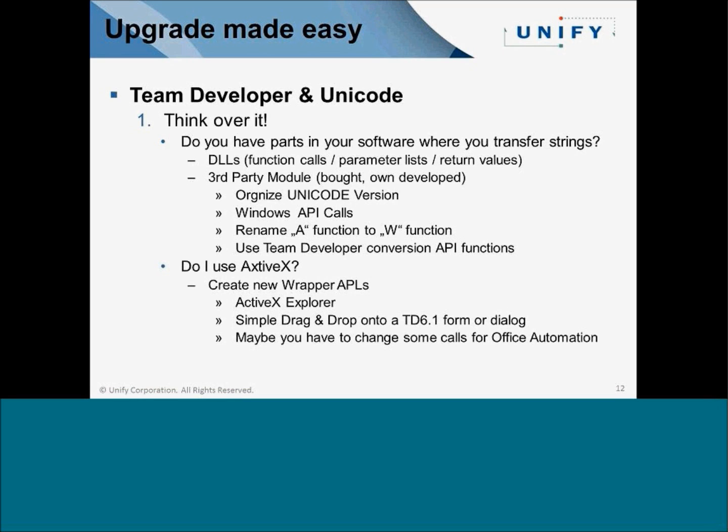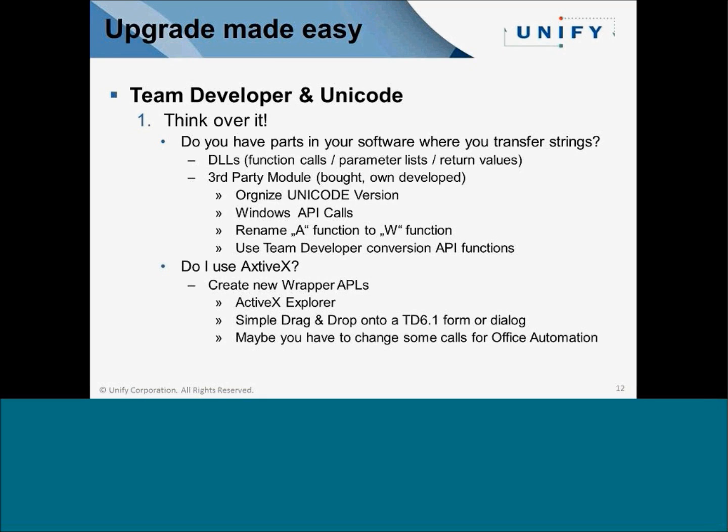If not, you can use Team Developer conversion API functions. That means if you want to pass, for example, a string into a function which doesn't support Unicode, then you have to convert the wide string, the Unicode string, into the ANSI string, pass it into the DLL, and if you get something back as a string, then you have to convert it again from ANSI into Unicode.